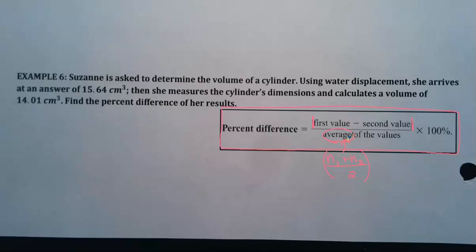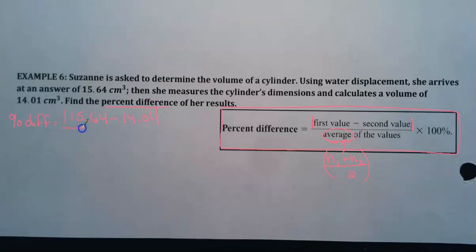So to find the percent difference, we're just going to follow that formula. Percent difference is going to equal the absolute value of, what's the first value? 15.64. Okay, so 15.64 minus the second value, 14.01.